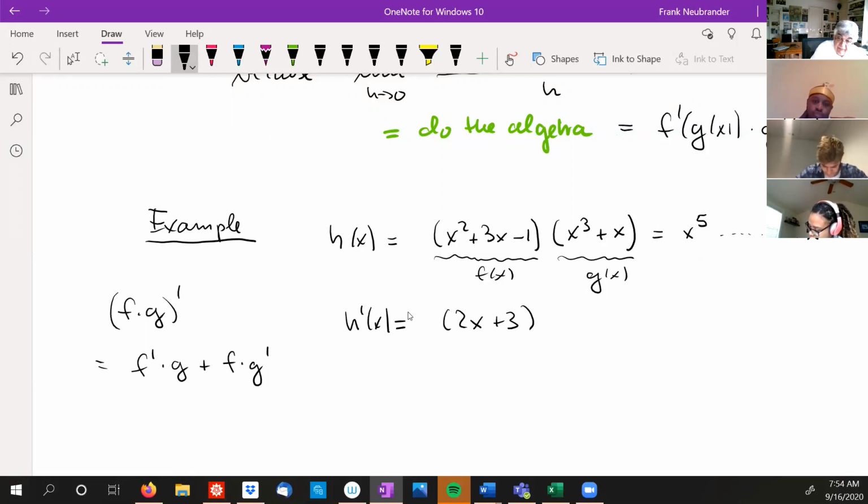The derivative of 3x, the slope of 3x, is 3. And the derivative of a constant is 0, because the slope of a constant function is 0. So it's the derivative of the first times the second plus the first function times the derivative of the second.